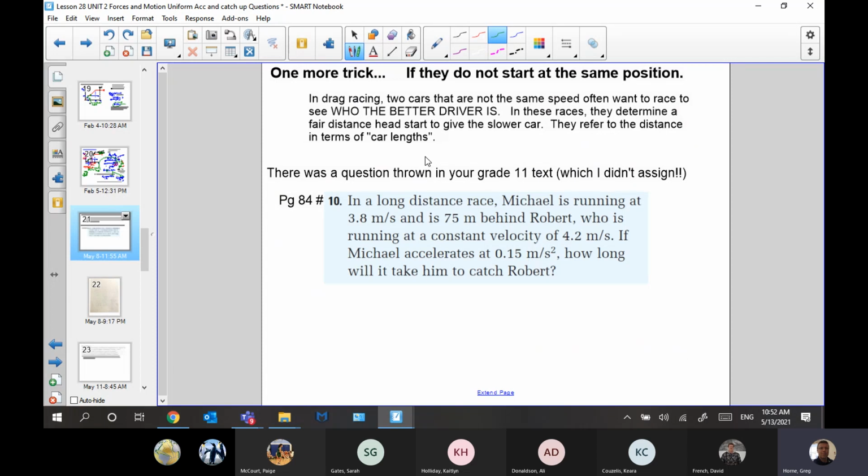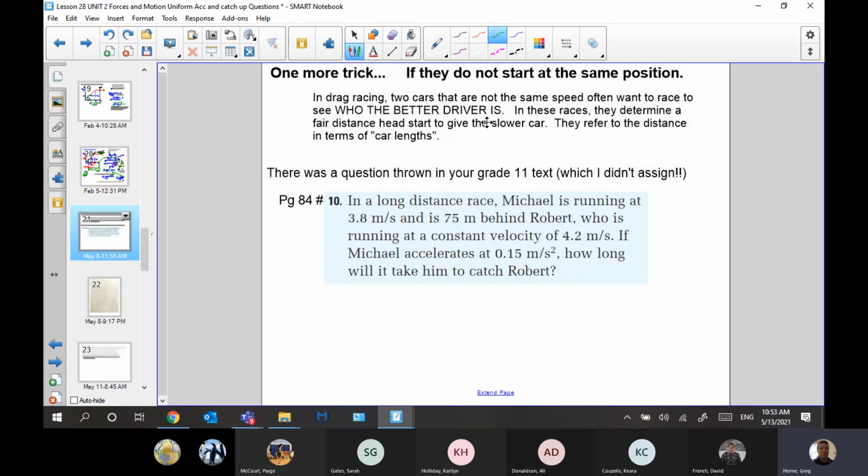But basically, if you want to race someone, but it's not about the car, instead it's about how good the driver is, then they do a couple of drag races and determine how good the cars are. And then they negotiate how many lengths they're going to give the other person. So the person with the faster car agrees, like, oh, I'll give you 2 car lengths or whatever, to make it fair, right? And so when you have things not starting in the same location, that's the next kind of trick.